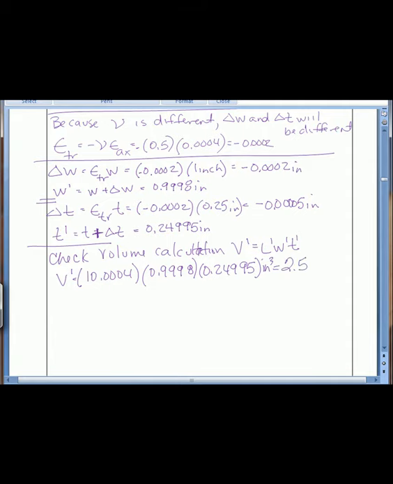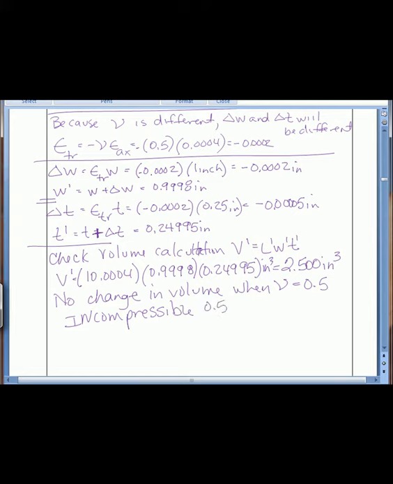And if you carry out and do the math with all the decimal places, you see that it is in fact 2.5 on the dot. So the interesting thing here is that there is in fact no change in volume when Poisson's ratio, nu, equals 0.5. What does that mean? That means that this substance is what we call incompressible, or a Poisson's ratio of 0.5 is what defines an incompressible material.